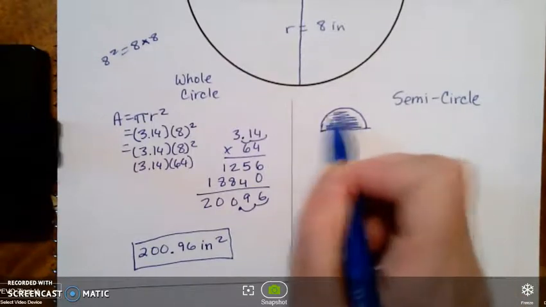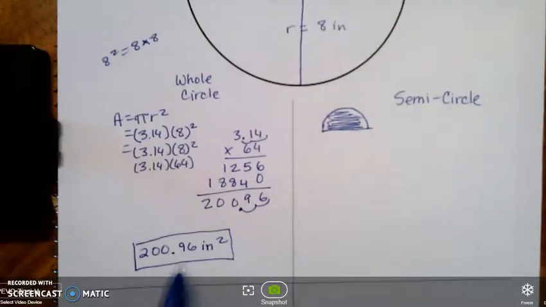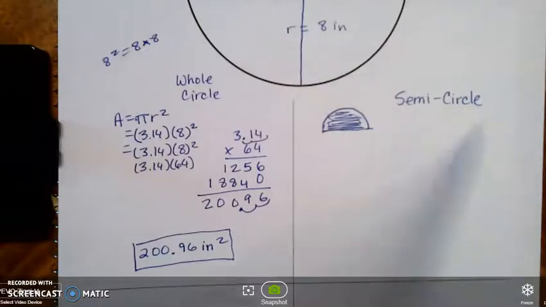We only need that much. I want you to think a second. If we know this is the entire circle, how would we find the semicircle? What would we do? Hopefully you said we divide by 2, because that's how you take half of something. Semicircle means we have a half circle.